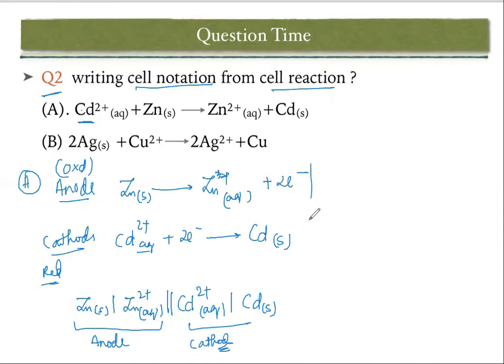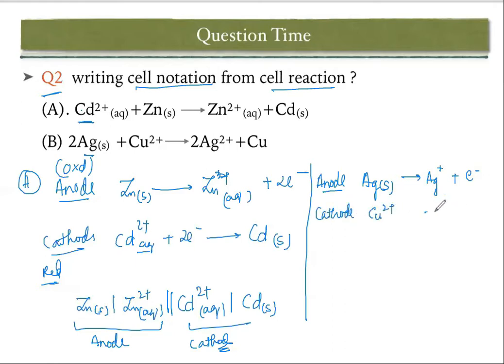Okay. So if you compare the second reaction, 2Ag solid, similarly write the anode where the oxidation reaction will take place. So now Ag solid is going to release Ag+ and 1 electron. Cathode reaction: copper 2+ will become copper solid form by gaining 2 electrons.